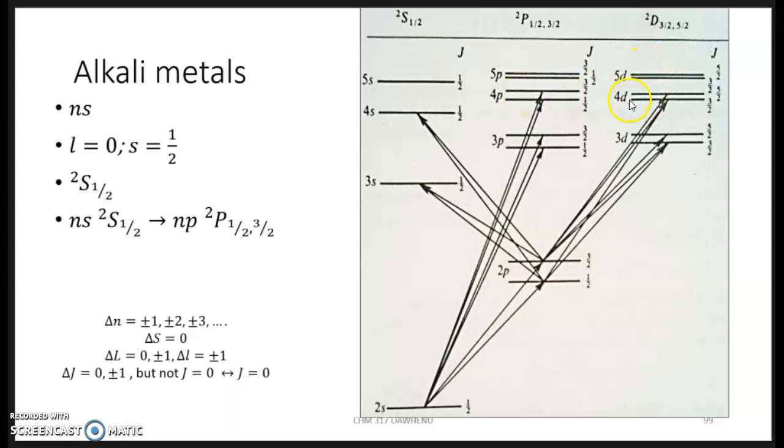So this has been drawn a little lower in energy just to be able to explain this structure. So 2P 1/2 goes to J equals 1/2, but from 3/2 you can go to both 3/2 and 5/2.